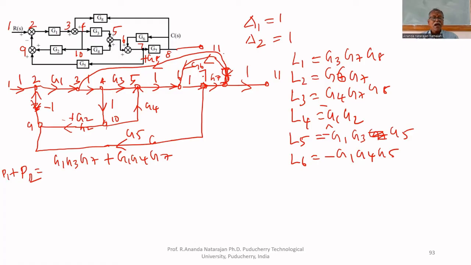Any other loop? How many did we get there? 9. 8. Yes, 8. So here, L1, this loop and this loop are non-touching. Therefore, I can say L4 and G7, G6. L2 equal to minus G1, G2, G6, G7. That is not touching.